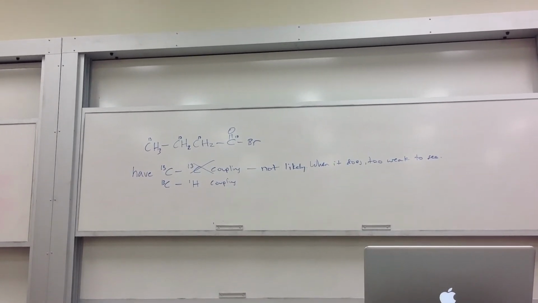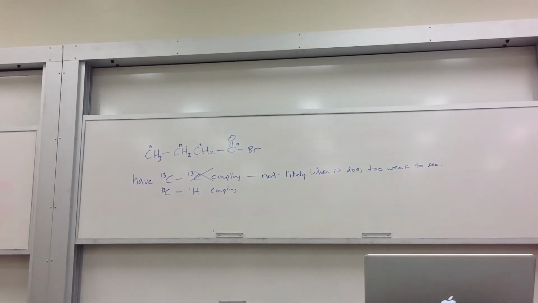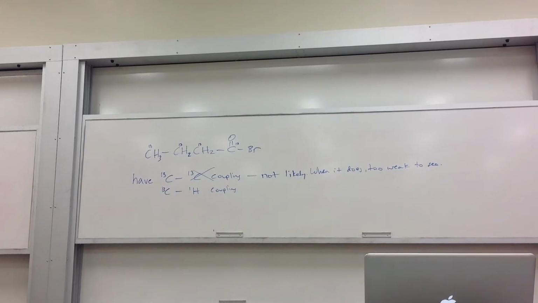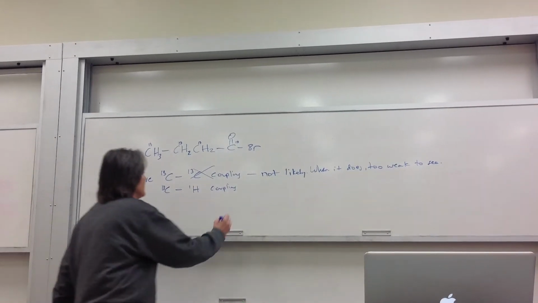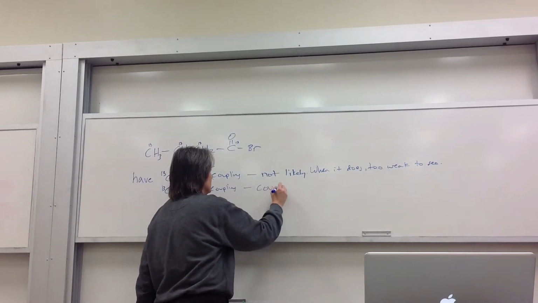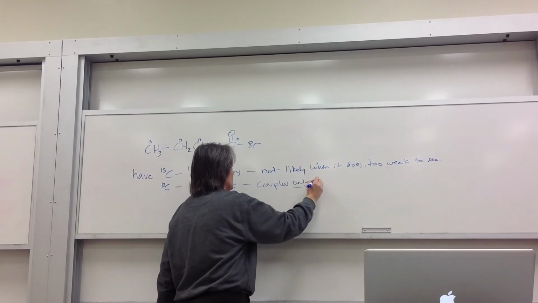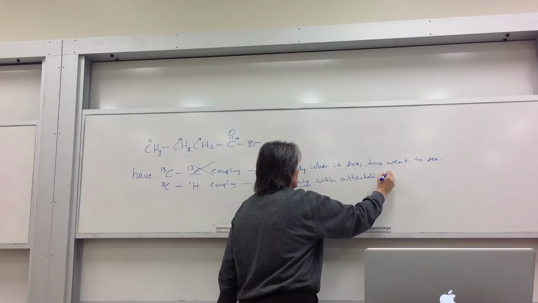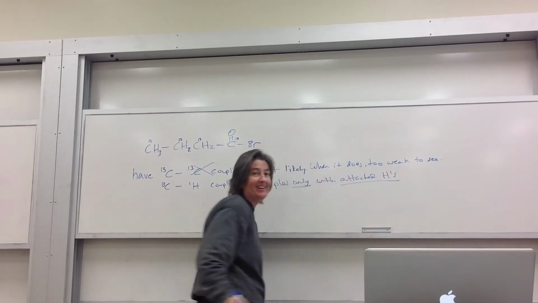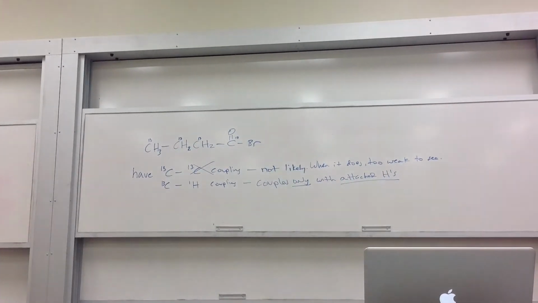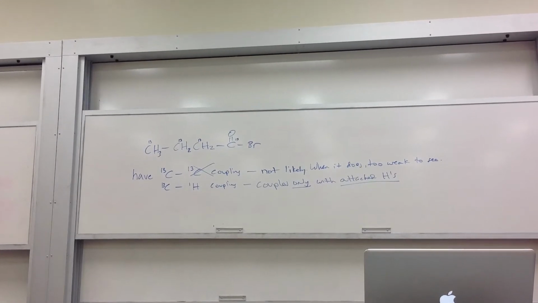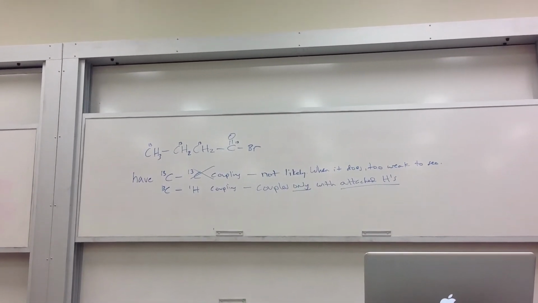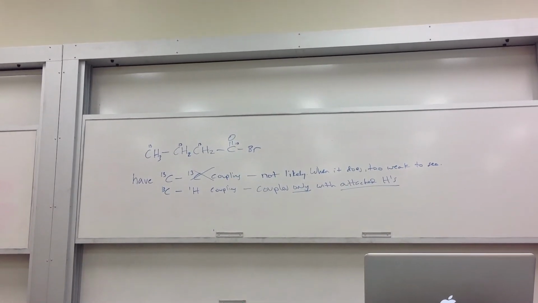But to further simplify things, for reasons that are beyond me, there is extensive coupling with hydrogen. But it couples only with attached hydrogens. Thank you. I know. So that is not too bad. It's only going to couple with the attached hydrogens.